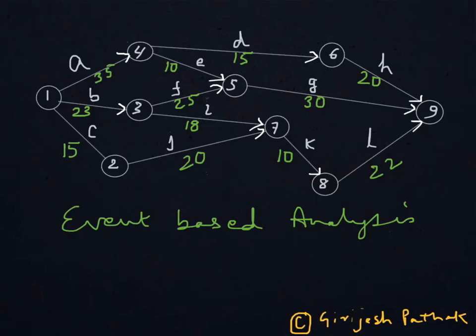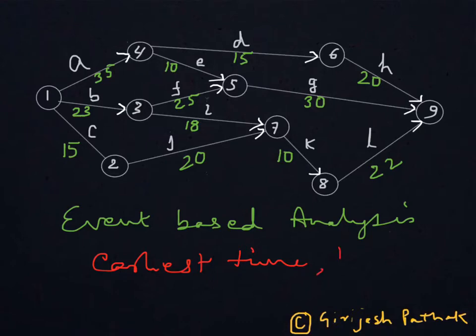Both should be over, and this concept is very important in finding earliest time. So for nodes or events, we have two kinds of time. The earliest time is the time before which you can't be on that node.